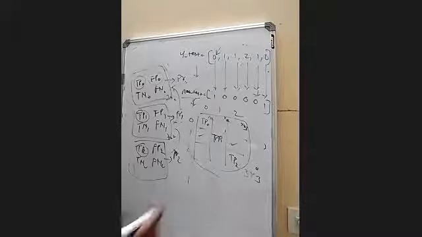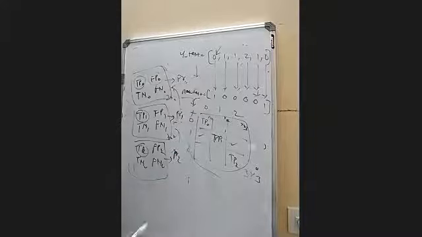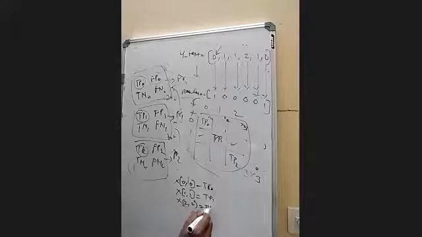If I denote this confusion matrix as capital X, I have x00 as TP0, x11 as TP1, and x22 as TP2.